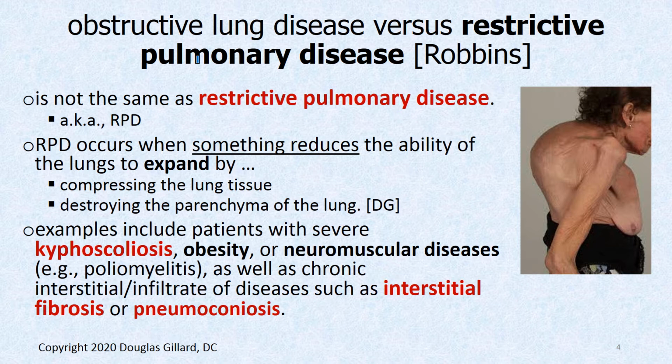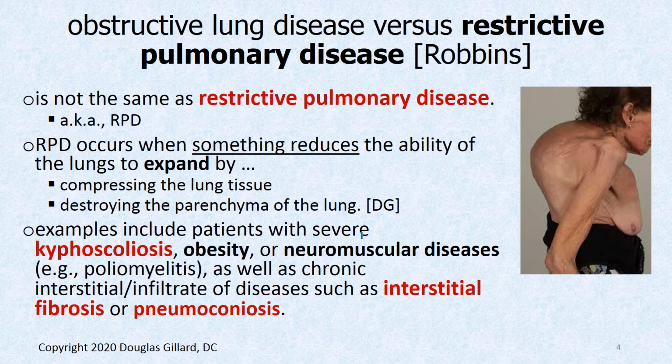We're not going to have time to talk about a lot of this, but restrictive pulmonary disease versus obstructive lung disease, don't get these two confused. Obstructive means that the pipes, the tubes, are blocked somehow. Restrictive means that the lung is actually being compressed by something.